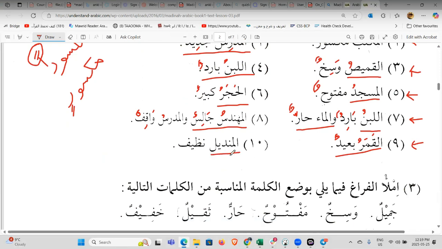And the next one? Al-mindilu nazifun. Nazifun. So what does it mean? So this is the handkerchief or the napkin is clean.